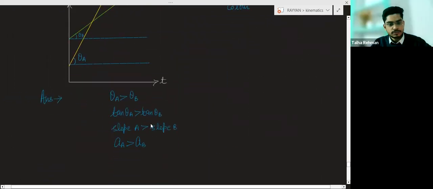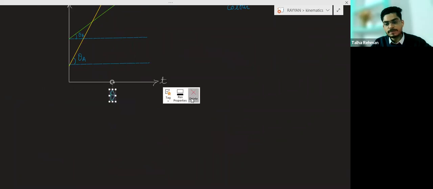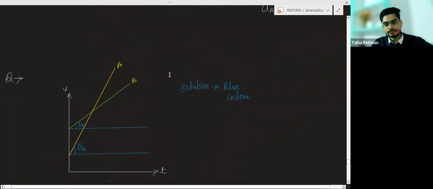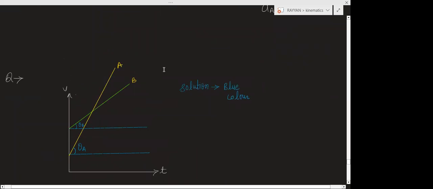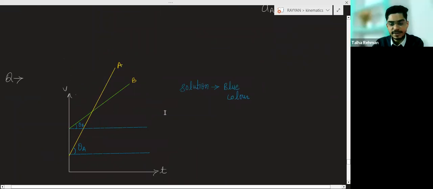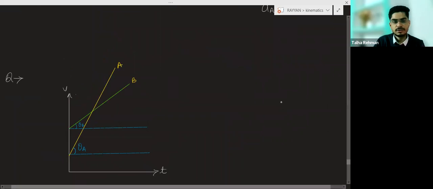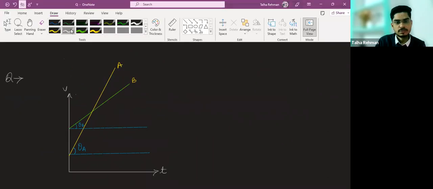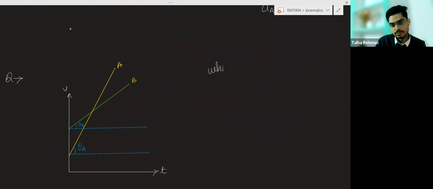Now, next question. By solving questions, the concept will become clear. This question asks which body will have more acceleration.